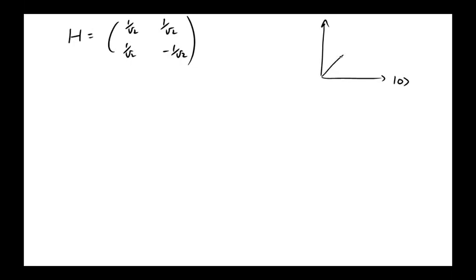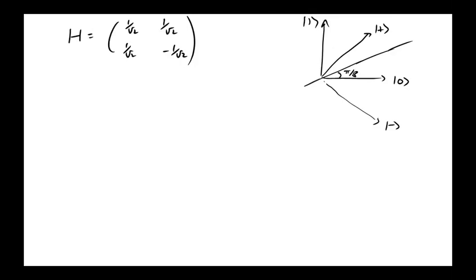There's the 0 state, there's plus, there's minus, there's 1. And what the Hadamard transform does, it's a rotation by pi about this axis here, right? About this pi by 8 axis. So what are the eigenvectors going to be?